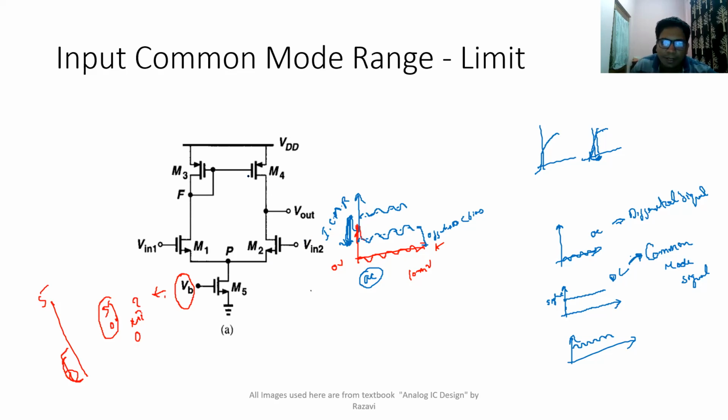What is the other limitation? It is the V out signal. What will the V out signal look like? Will my V out be a completely AC signal like this? You have done simulations. Will you get a V out like this?